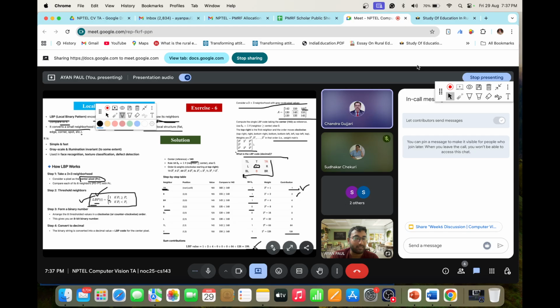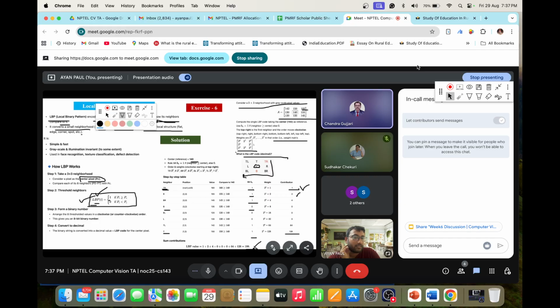In the assignment question number 4, the problem is given like that. The center point is not given. Yes, you can assume the center point only.